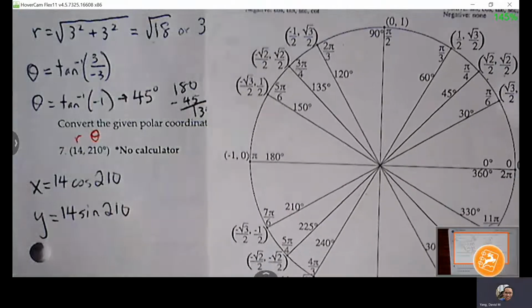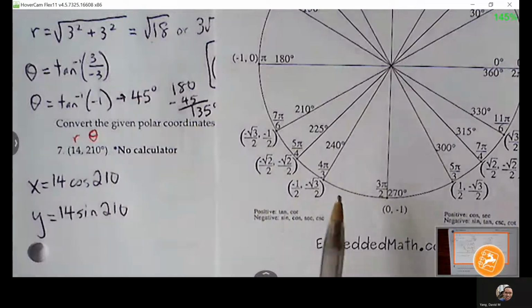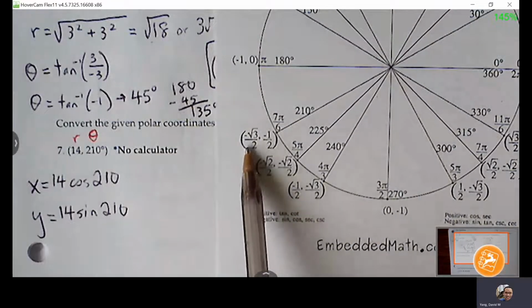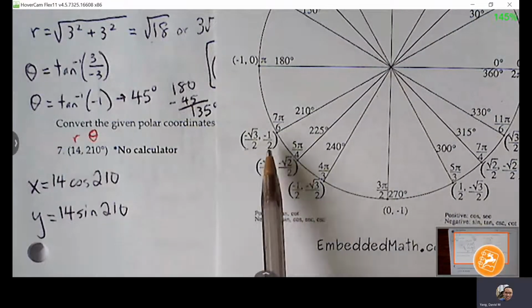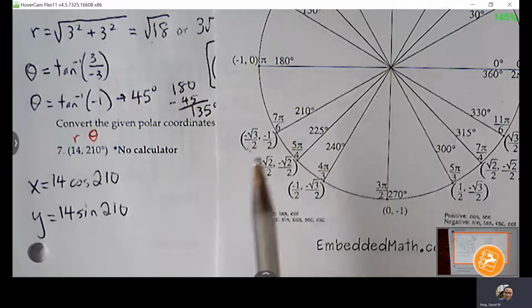Cosine of 210 is, cosine is the x value, and sine is the y value. Negative root 3 over 2 would be for the cosine, and negative 1/2 would be the sine.